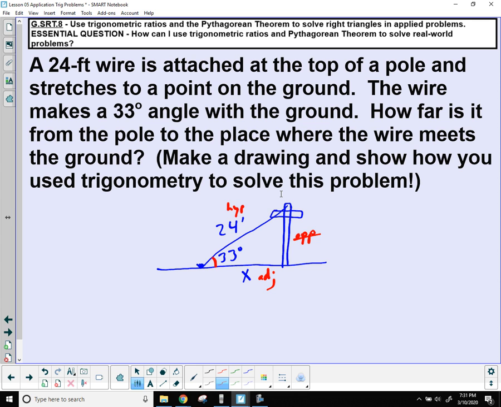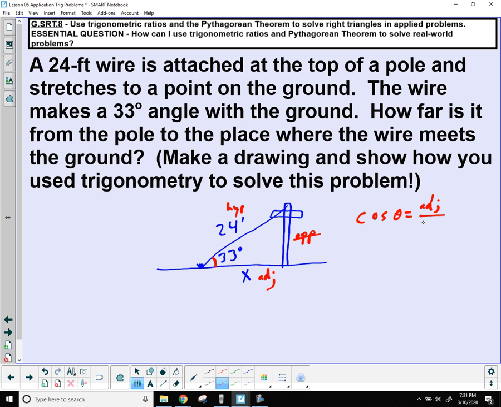So we're going to focus on a trig function that uses adjacent and hypotenuse. And that's going to be cosine, because cosine is adjacent over hypotenuse.